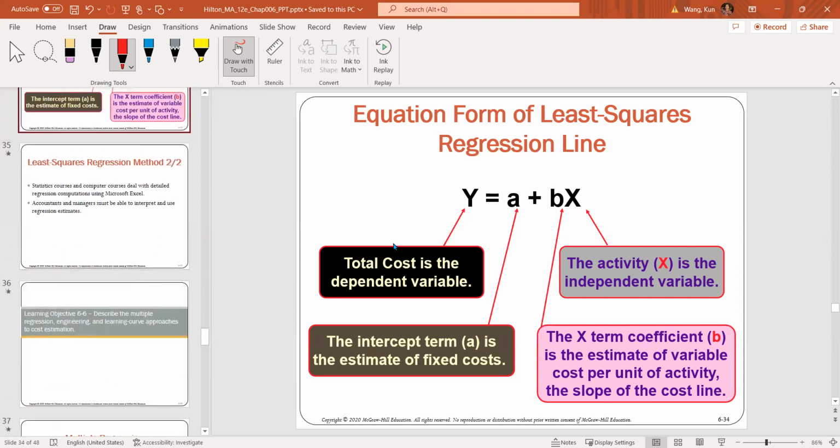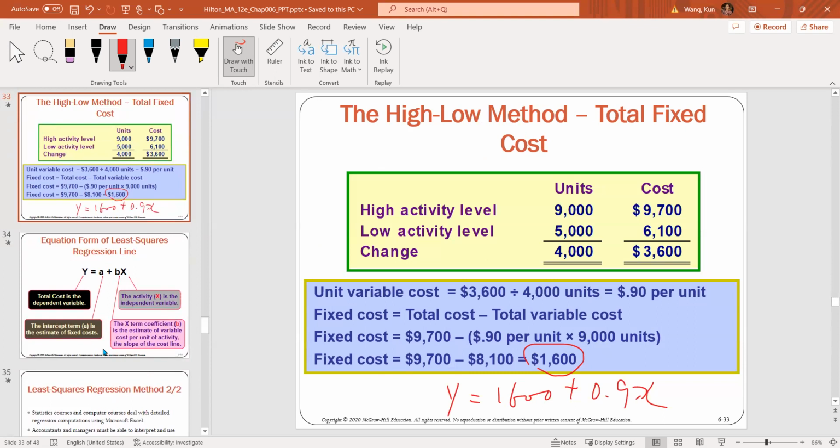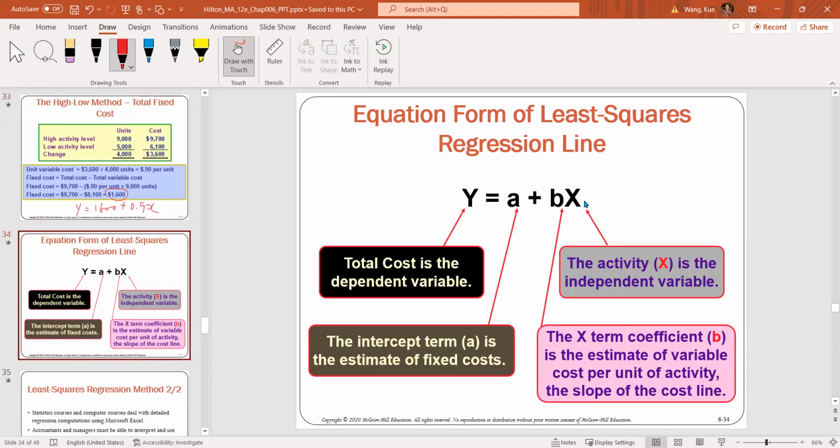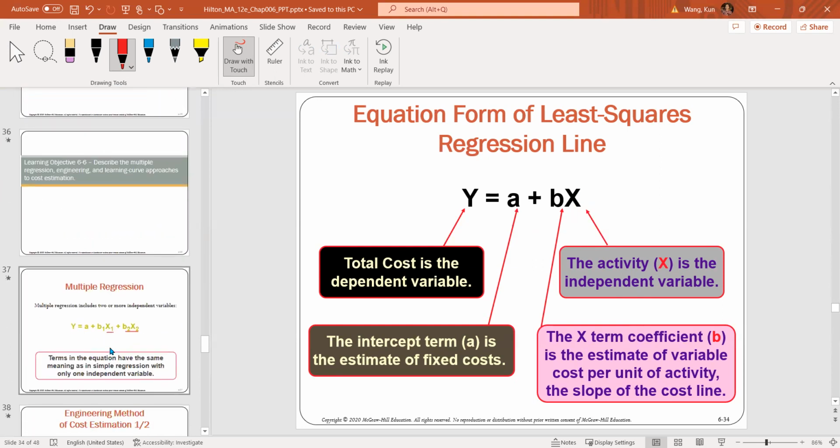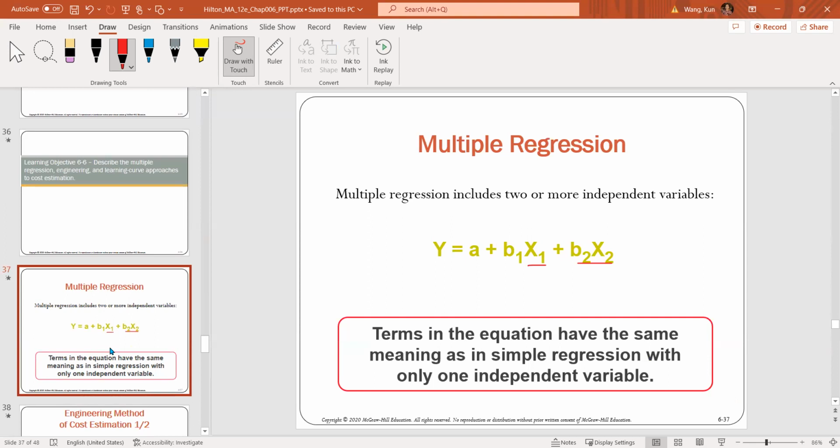And this is a one variable analysis, where you have only one cost driver. Sometimes if you can identify more, multiple regression will be more accurate, like we talked about in ABC costing. In that case, you can expand the single variable regression to multiple regression by adding more variables in the model.